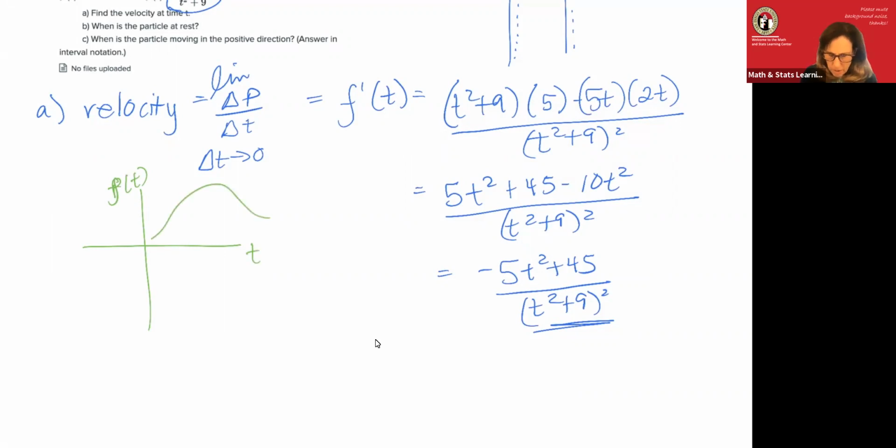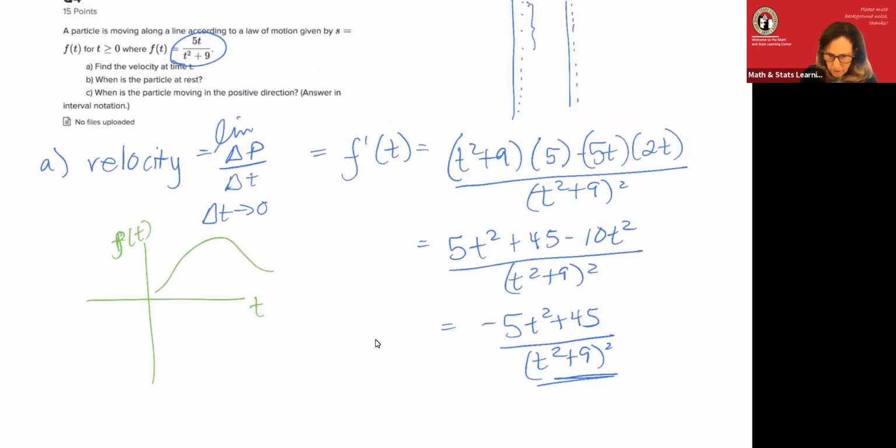Going back up to look at our thing here, maybe it starts at 0 and then it goes to 5, and then it starts going faster. It might start off kind of slow and then suddenly go faster.